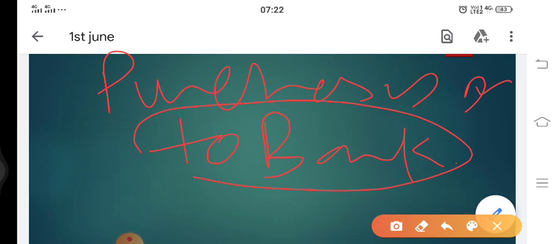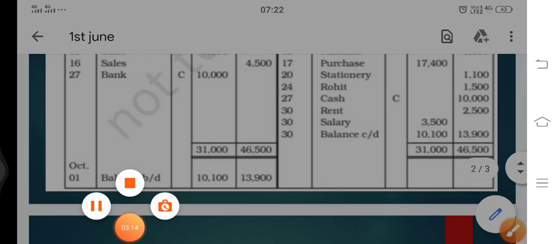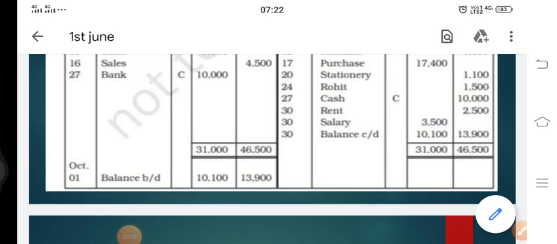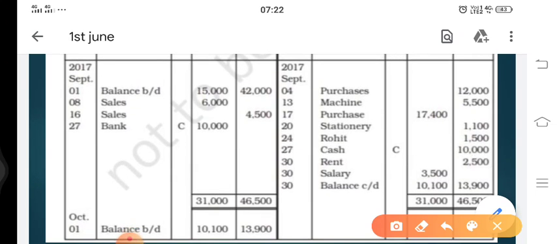Now here bank got credited. Since bank got credited here, we'll go to credit side of bank and write down by purchases. Sorry, not this one. We'll write here by purchases 12,000. Correct?